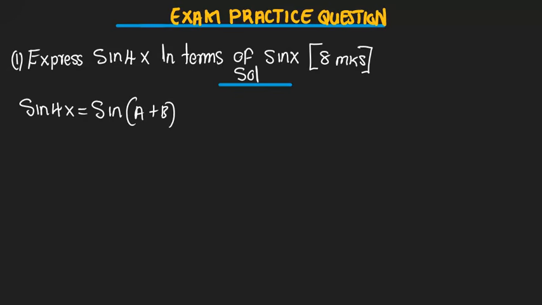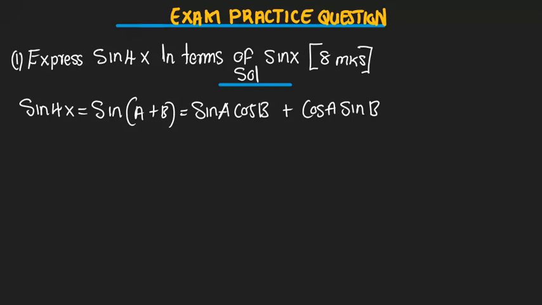And if the angle is a plus b, then that implies that this is the same as sine a cosine b, plus, this time around we start with cosine a and then sine b. We know this formula.